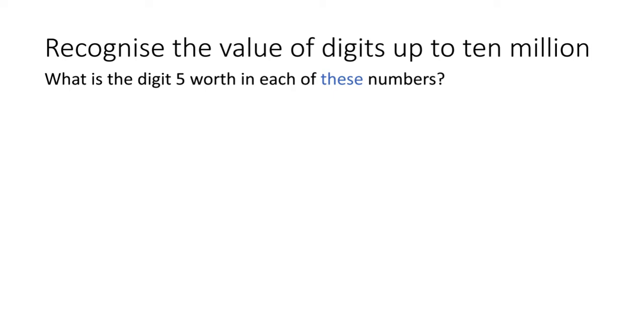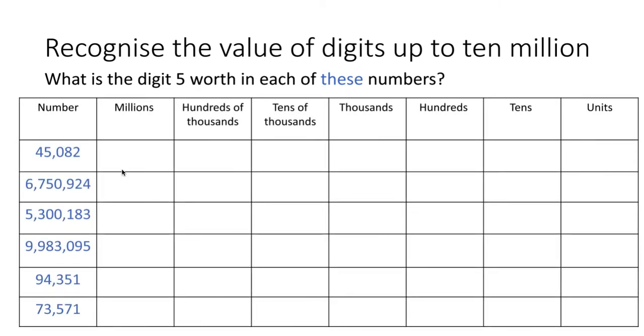For today's task, I'm going to ask you to try and write them in both. Okay, this is your task today. What is the digit 5 worth in each of these numbers? So what does the digit 5 represent in each of these numbers? I've got the word these in blue to show you I mean these numbers. In your books today, you can copy out this table. It's 8 columns wide, and 7 rows deep.